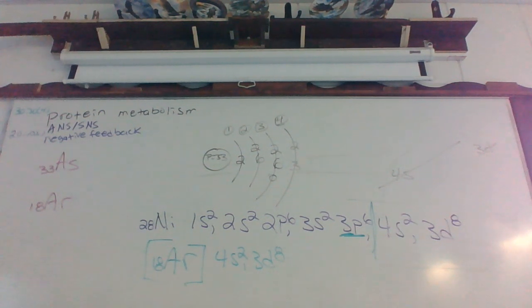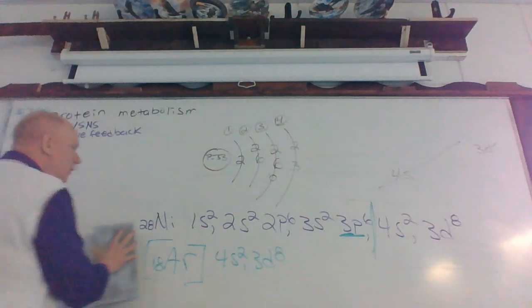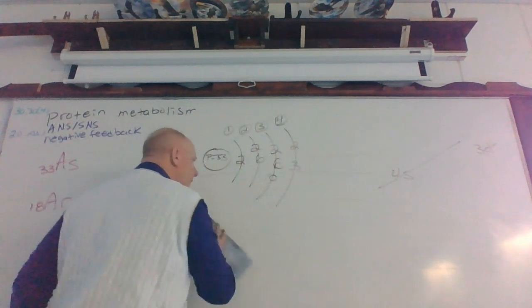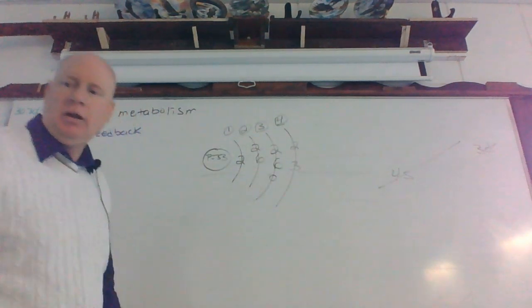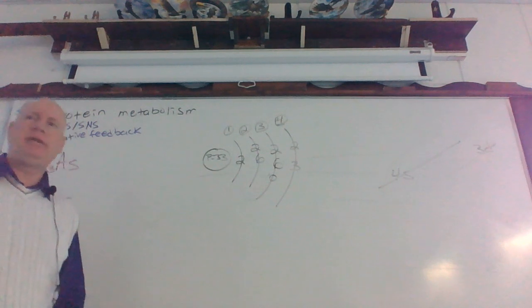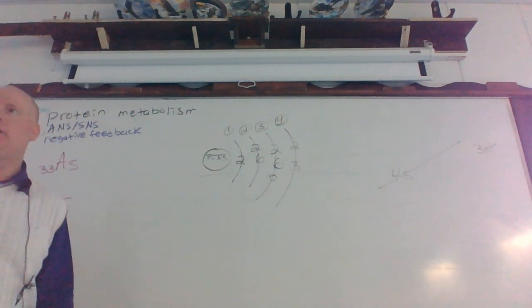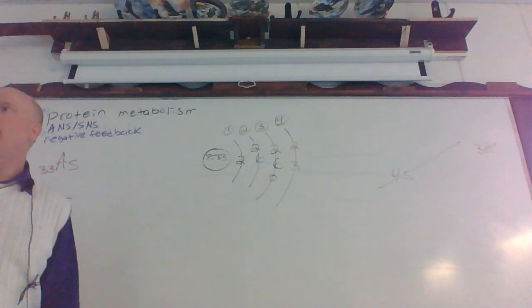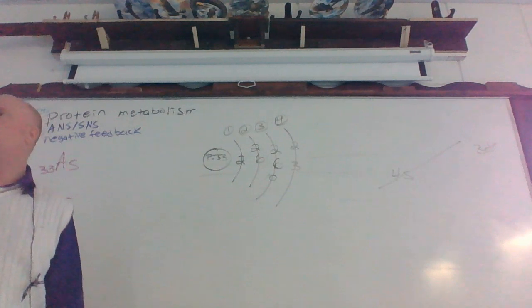We'll keep it really simple. Strontium has an atomic number of what? 38. Okay? So what is the next lowest noble gas that has a number lower than 38? Krypton.